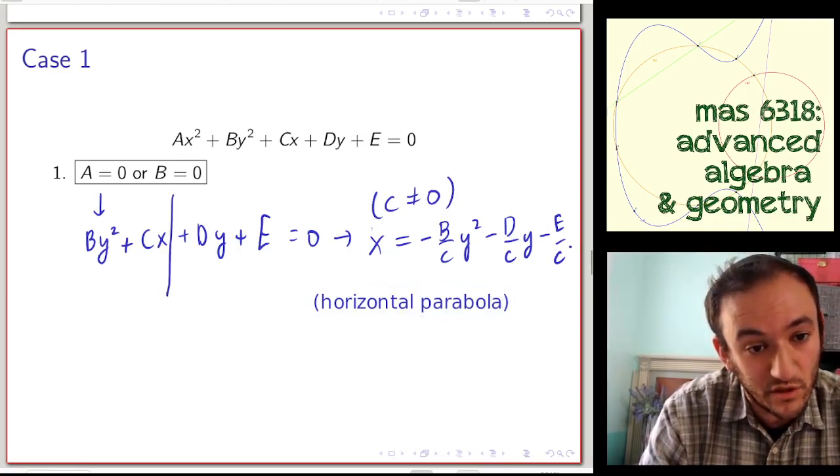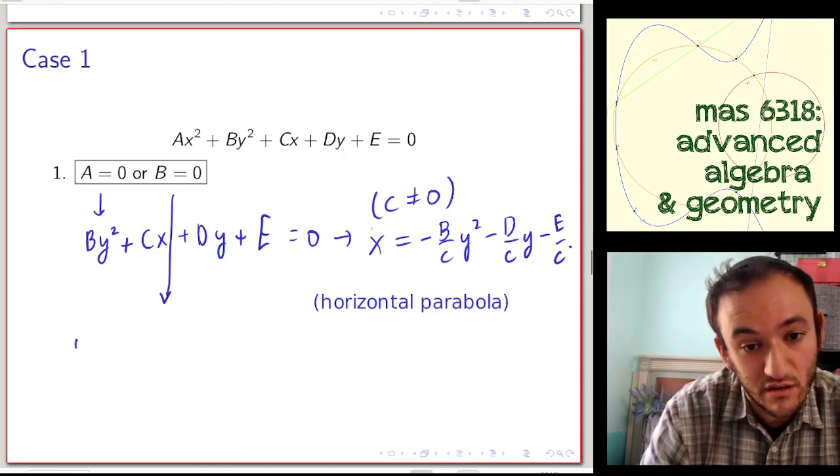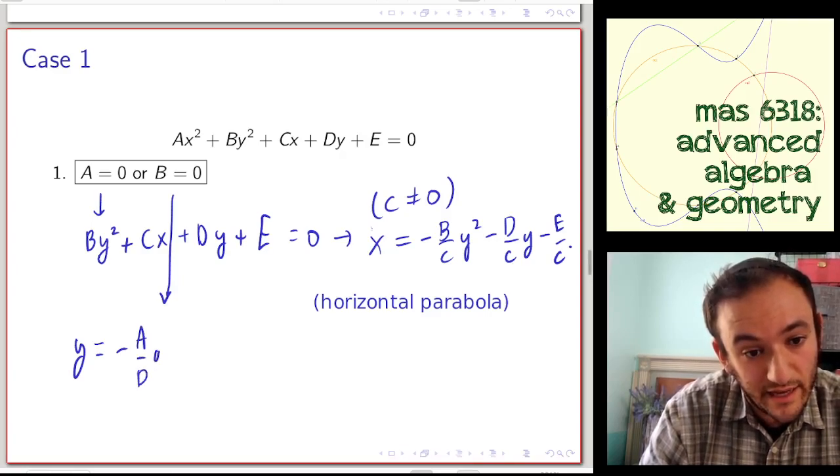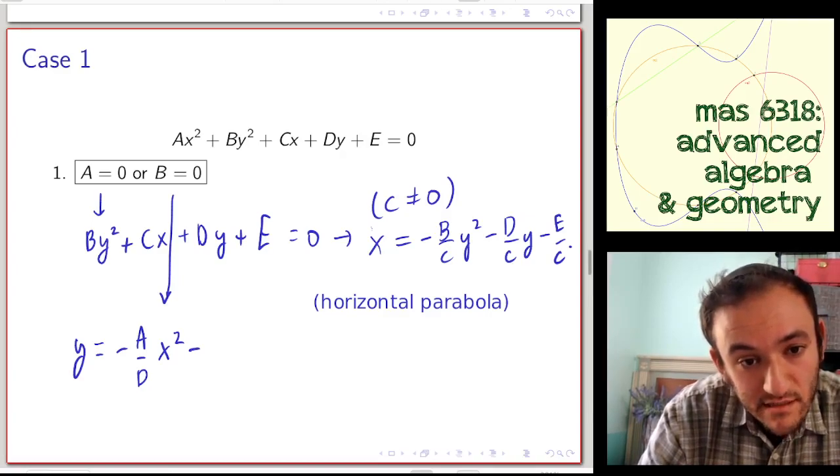And by a very similar computation, this would lead us to something that looks like y equals negative a over d x squared minus c over d x minus e over d.